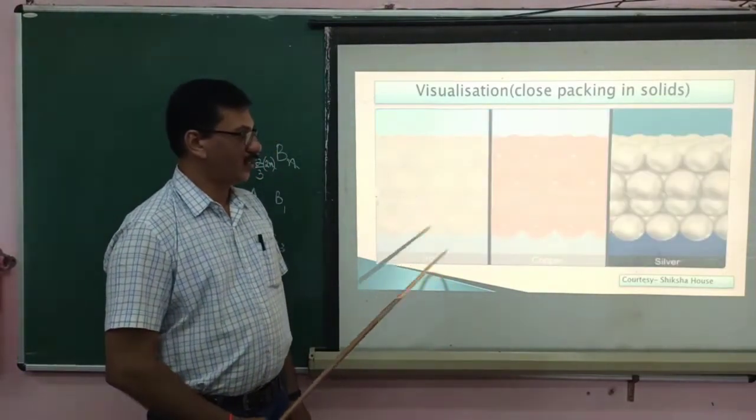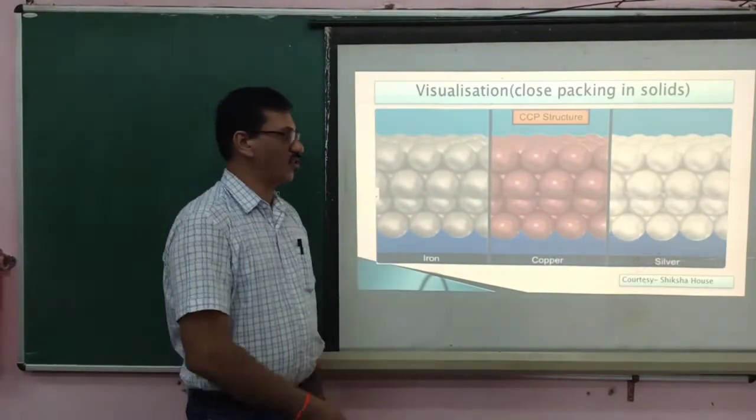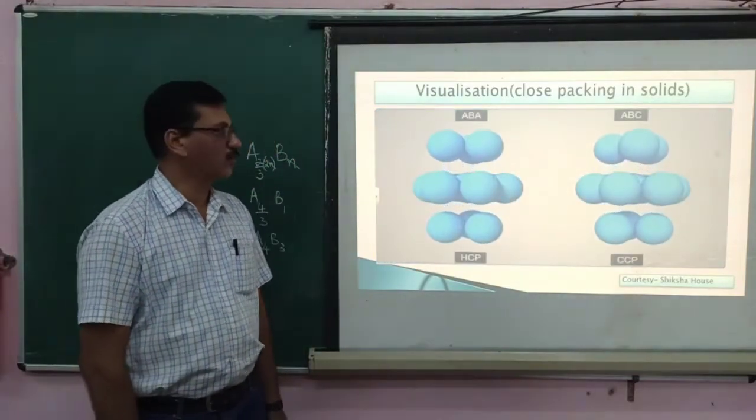Iron, copper, silver form CCP. You can look at the structure of that.